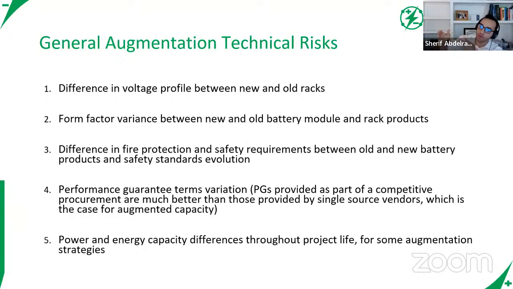So when you parallel a new battery with an old battery, you're paralleling two different voltages. You start getting charging from one to the other, you need to balance, and it's a nightmare for the battery BMS. The integrator won't like it very much. They'll lose a lot of hair over it. So it's really a big risk.